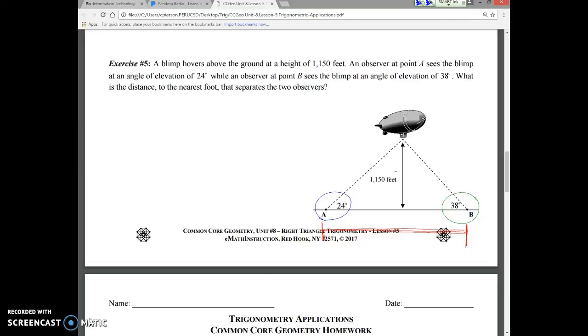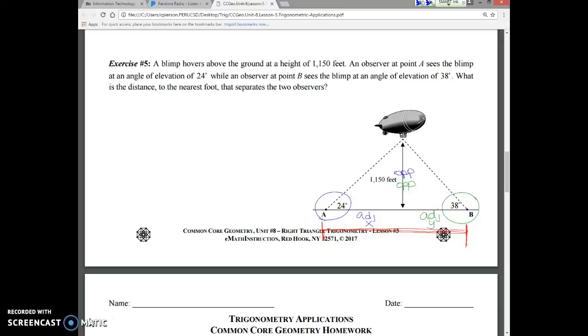So in this particular case, the 1,150 is the opposite for both angles. This is the adjacent for the angle of 24. This is still the opposite for 38, and this is the adjacent for the second angle. I did it in 2 separate colors. I also named 2 separate letters.